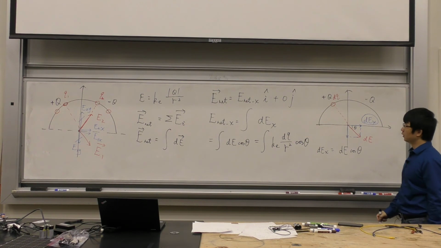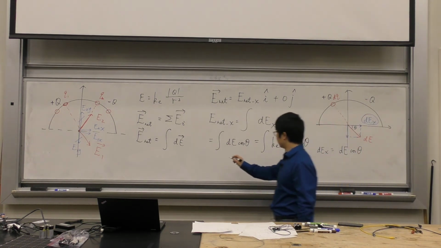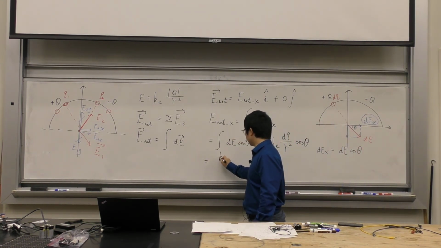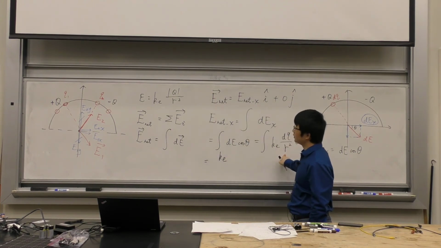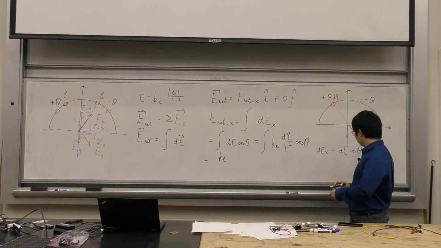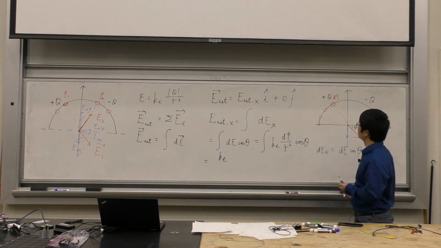Right. Now let's see if there's any constant we can pull out. Now ke, you can pull it out, right? Now this r is going to be the distance from the charge dq to the point you want to calculate the electric field. And then you can see that for any charge you pick, this r is going to be the same, right?